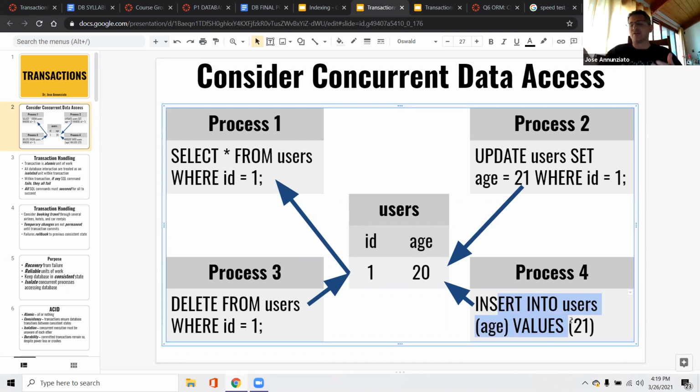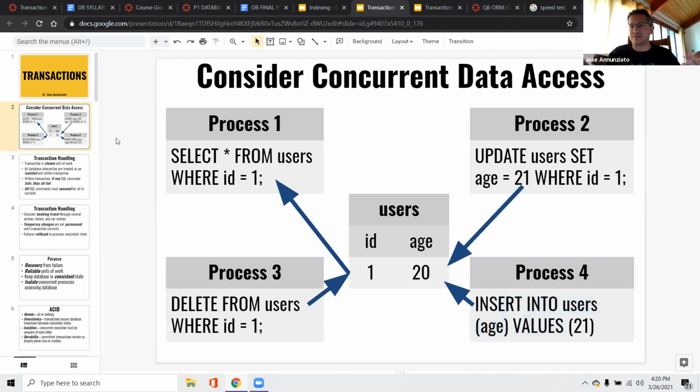Imagine you're making a reservation for a restaurant, and you look and tables are available, or maybe buying a ticket to travel somewhere, and the UI displays that these seats are available. Now, how do you reconcile the fact that you're probably not the only one looking at these seats?